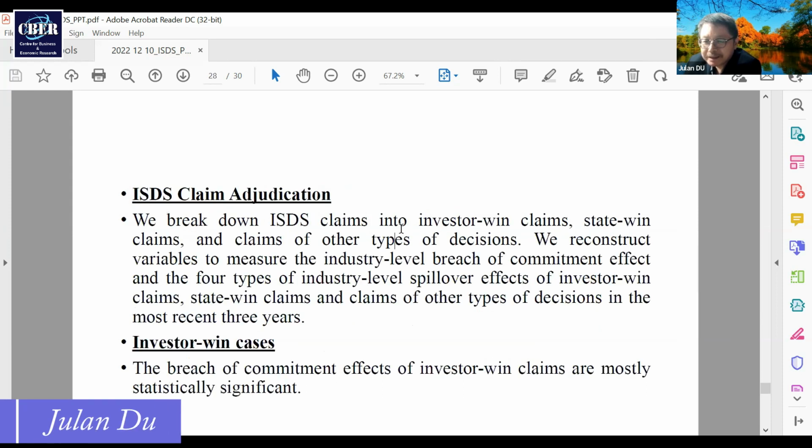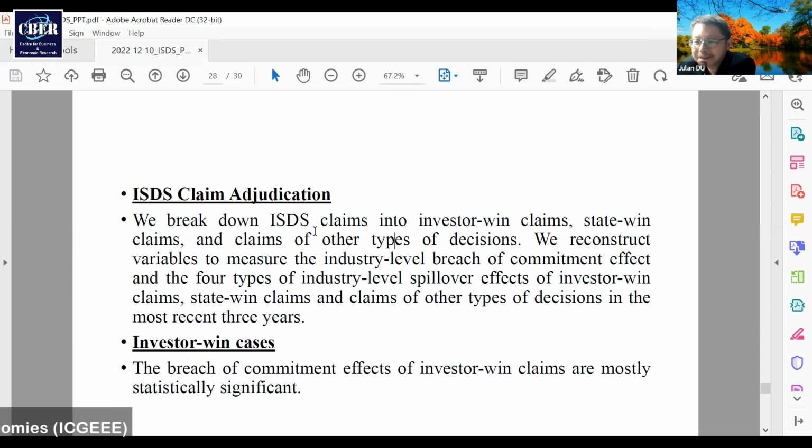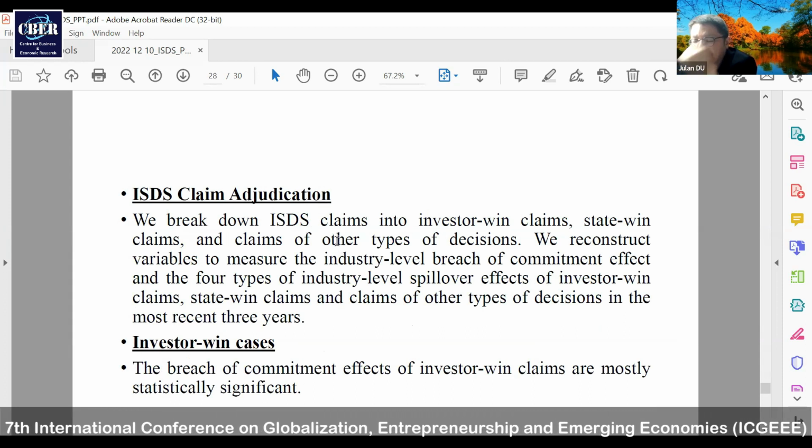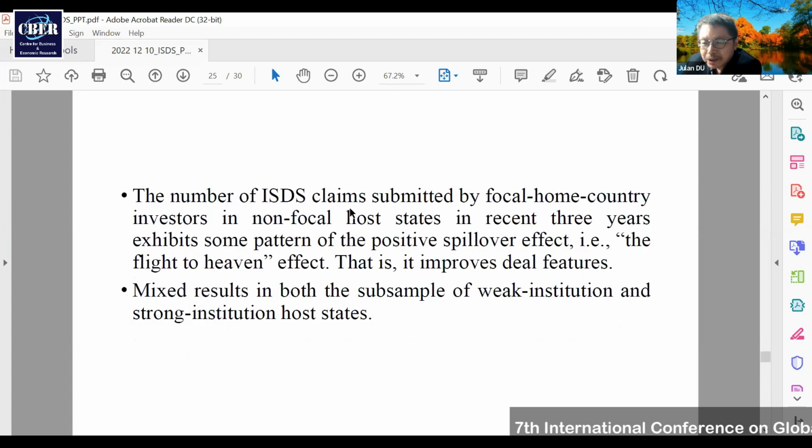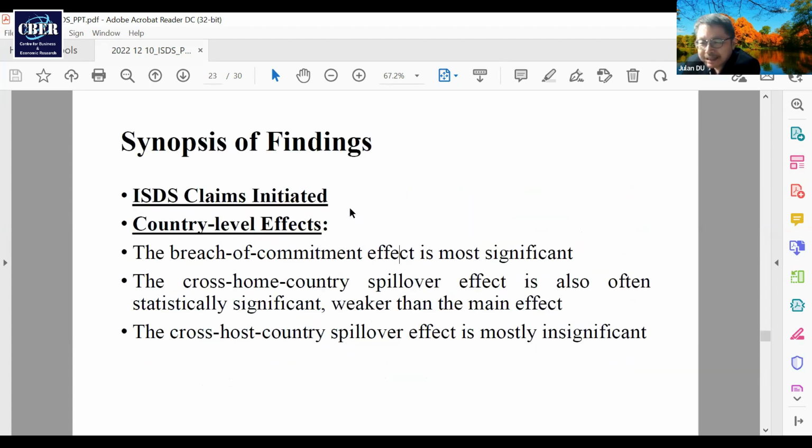The third part is ISDS claim adjudication, the judgment, the ruling, the verdict laid out by the arbitration tribunal.